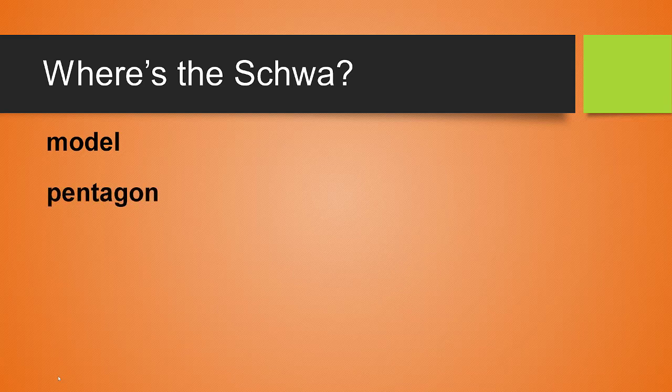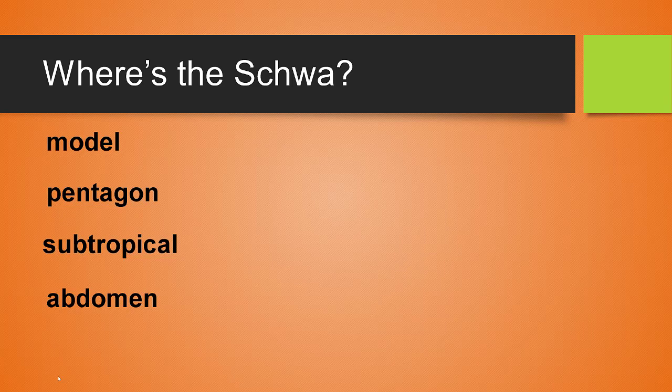Pentagon. Notice the A in the middle is the schwa sound. Subtropical. Again, do you notice how we hear that it's not really a true short vowel sound in the word subtropical? And abdomen. Again, notice that that is a lazy vowel when we say abdomen.